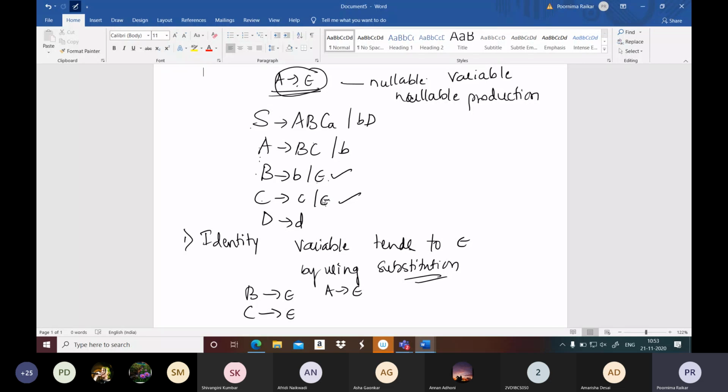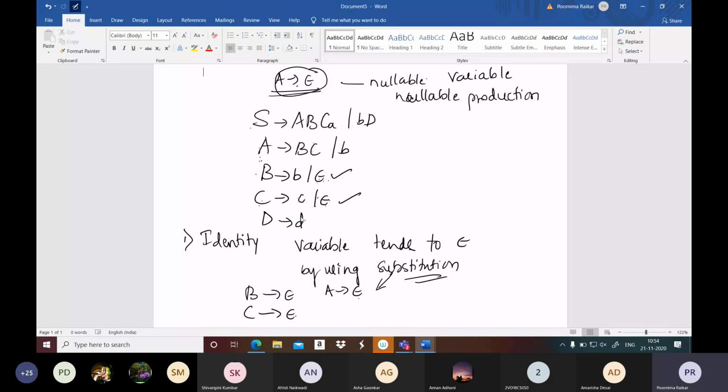Some they have given you directly, B with epsilon, C with epsilon. So B with epsilon and C with epsilon are epsilon productions. Next, by using the substitution method, you can get any other epsilon production. Like for A, you can substitute B epsilon, C epsilon, which means A also generates epsilon. This you understood by using the substitution method.